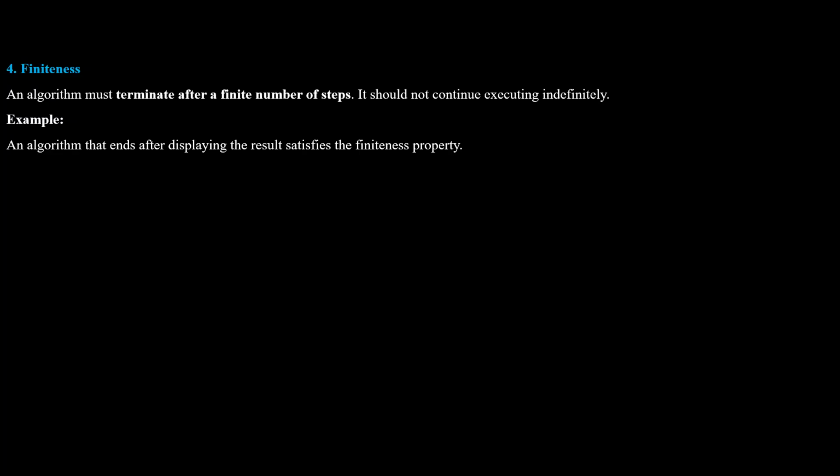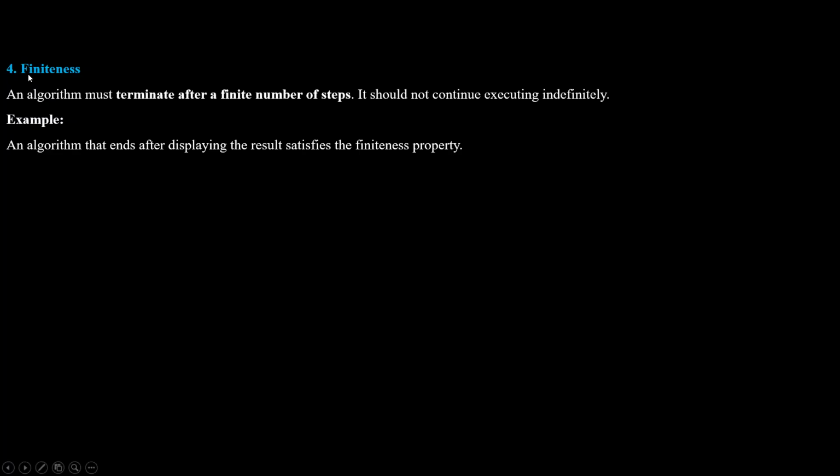Before entering the amount, we choose the withdrawal option, then enter the amount and enter the PIN. Verify the PIN, and if the PIN is correct, then the amount is dispensed. So this is the procedure of an ATM machine algorithm.